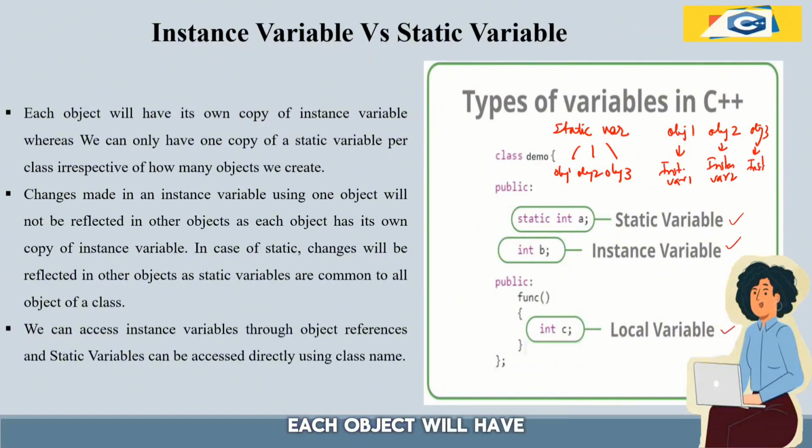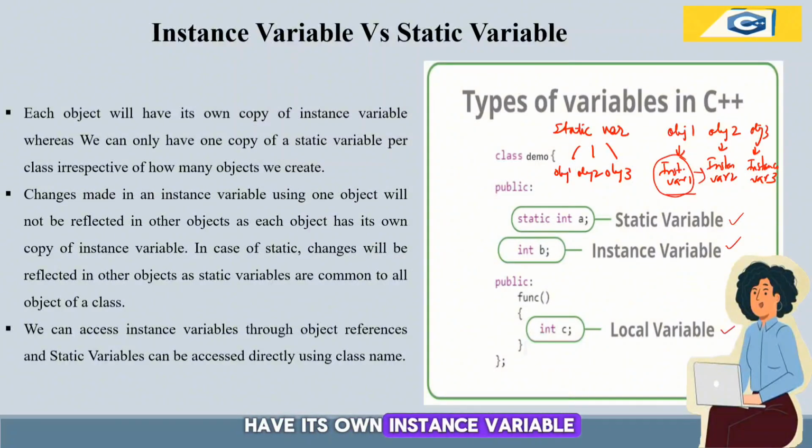Each object will have its unique instance variable. So the changes made in the instance variable using one object will not get reflected to another object, because each object has its own instance variable.